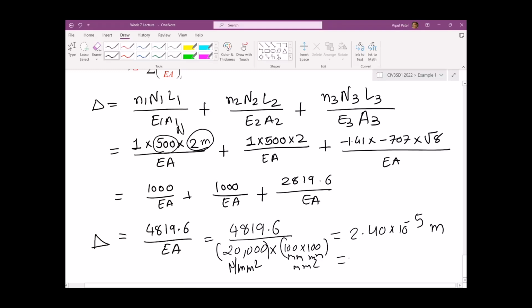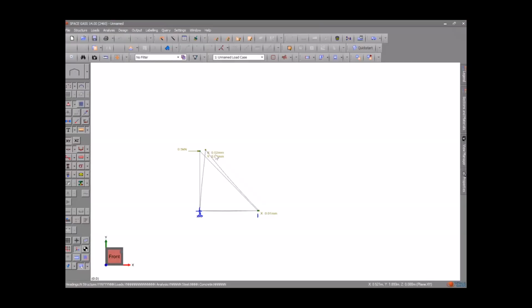So we want in millimeters. So 2.40 times 10 raised to minus 5, because this is meters, times 1000, that is in millimeters. So you get 0.024 millimeters, which matches our solution, 0.02 millimeters.